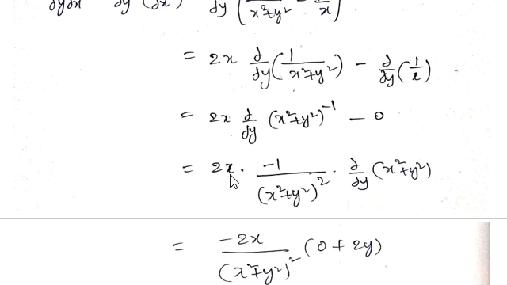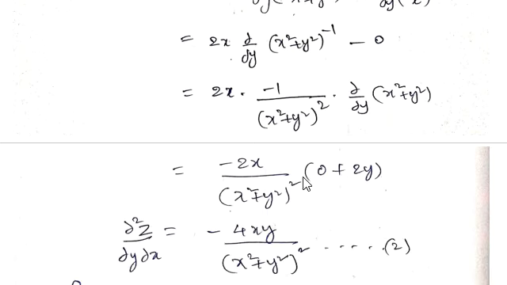Once again if you simplify, it is minus 2x by x square plus y square whole square, and with respect to y x is constant, 0, and y square means 2y. Simplifying here, it is 2 into 2, 4, and plus into minus is minus, so minus 4xy by x square plus y square whole square. So this is equation number 2.